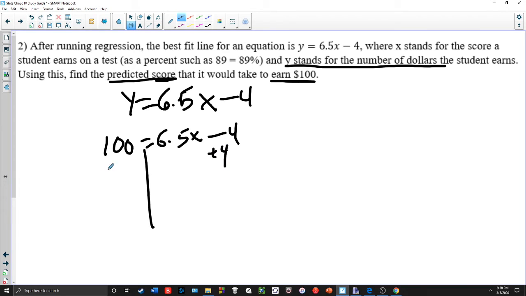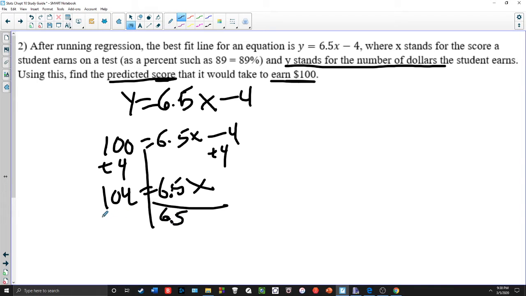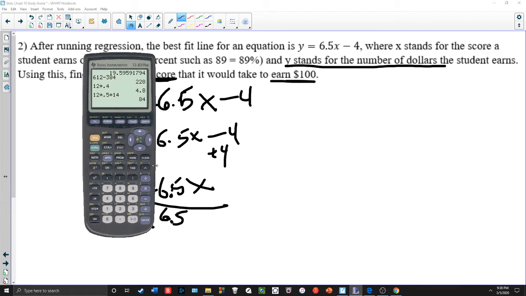So add 4, we get 104 is equal to 6.5x. And then we divide by 6.5. Let me do this real quick: 104 divided by 6.5. Whoops, that's 140. Let's try it again. 104 divided by 6.5, and we're getting 16.